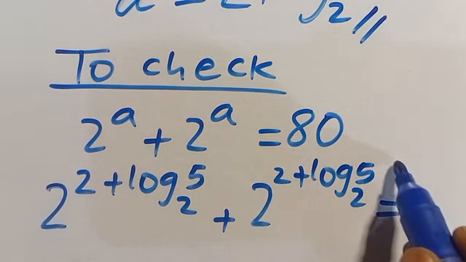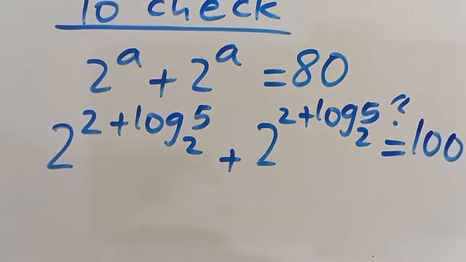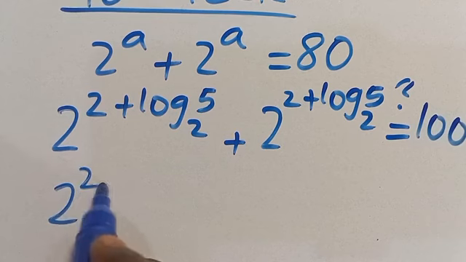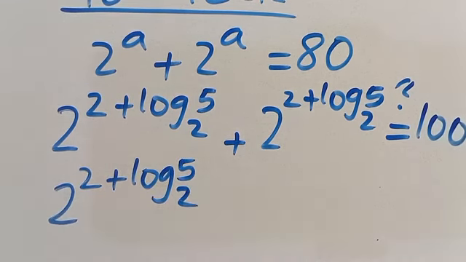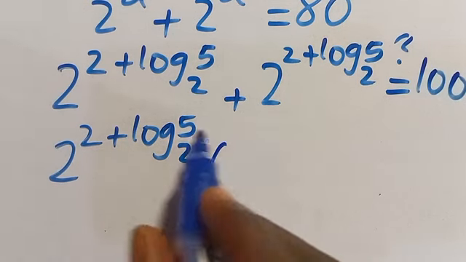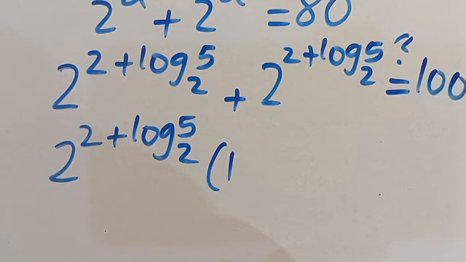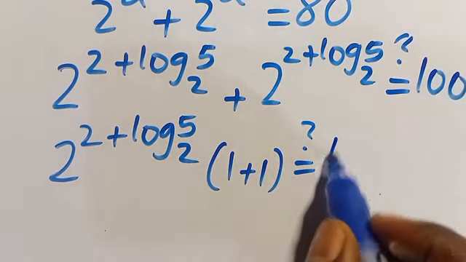Is it going to give us 80? So from here, we have this repeated twice. So we can have it as 2 times 2 to the power of 2 plus log 5 in base 2. Then it's going to give us 80.